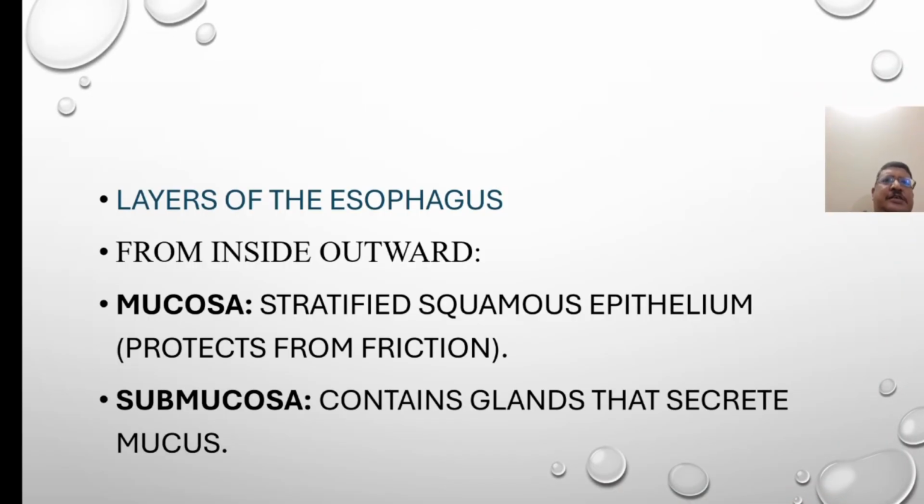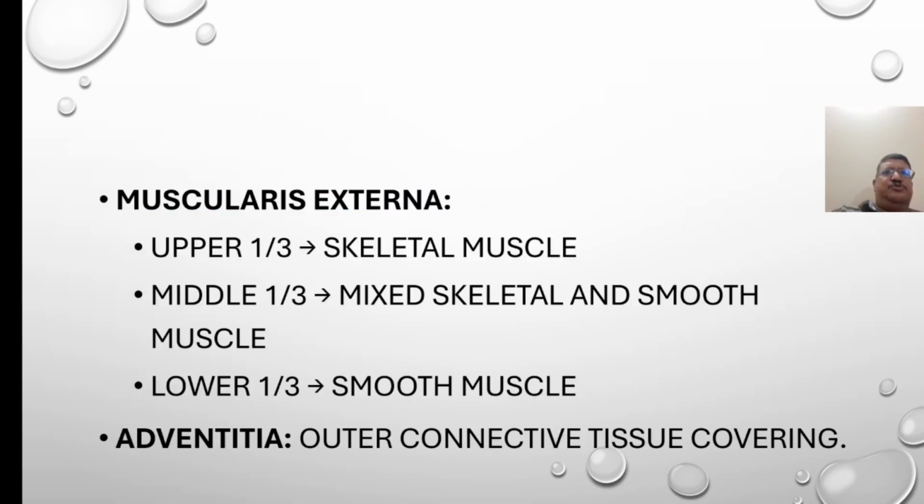Layers of the esophagus, from inside outward: mucosa, stratified squamous epithelium, protects from friction. Submucosa contains glands that secrete mucus. Muscularis externa: upper third skeletal muscle, middle third mixed skeletal and smooth muscle, lower third smooth muscle. Adventitia, the outer connective tissue covering.